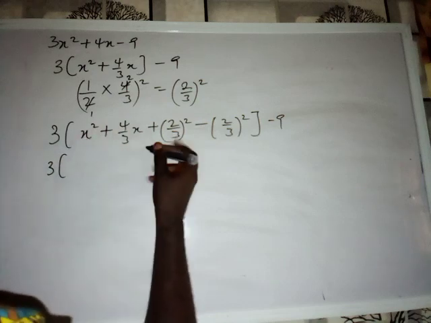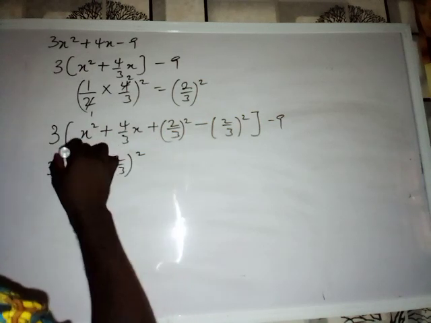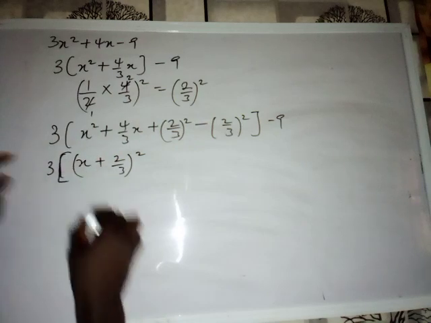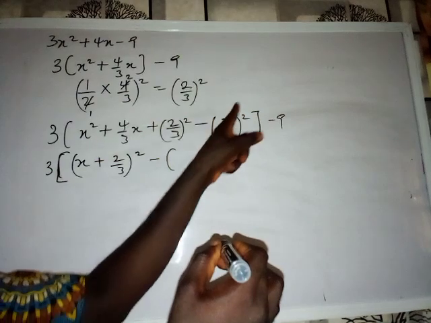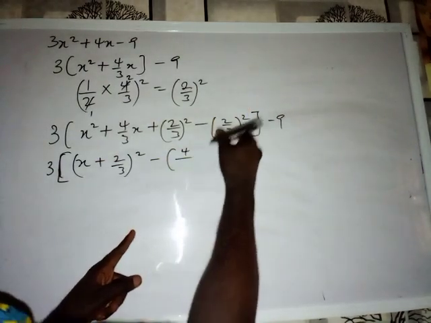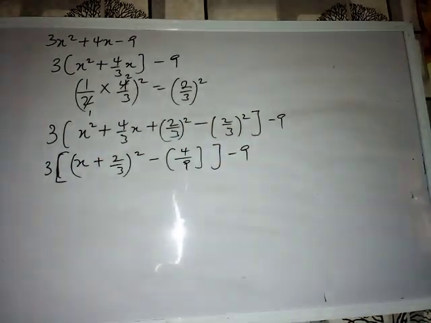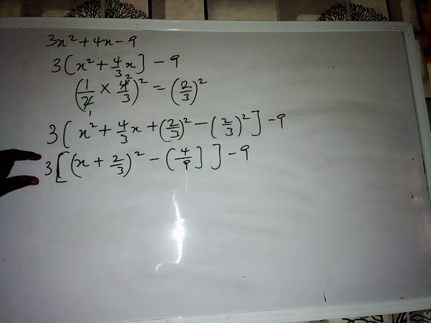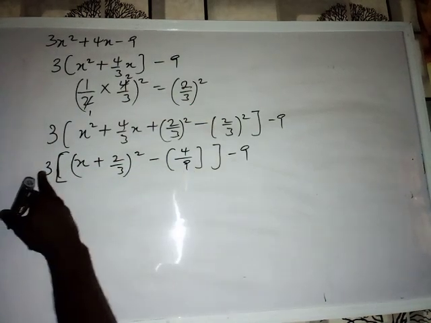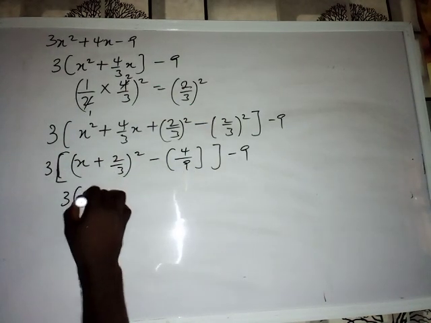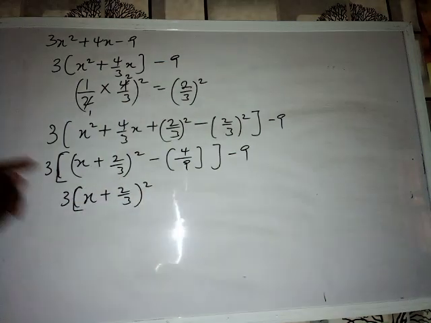So we pair this together, that is x plus 2 over 3 all square. Then this will give us 2 raised to power 2, that is 4, 3 raised to power 2, that is 9, then minus 9. Now I remove the large bracket: this multiplied by 3 gives 3 into bracket x plus 2 over 3 all square.